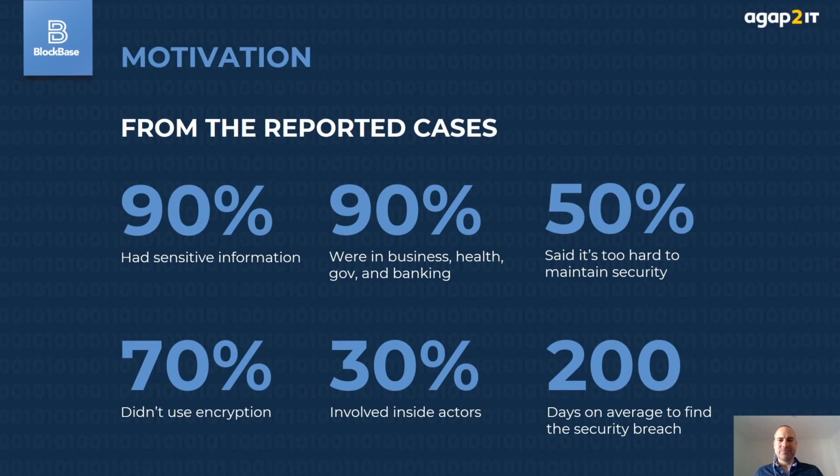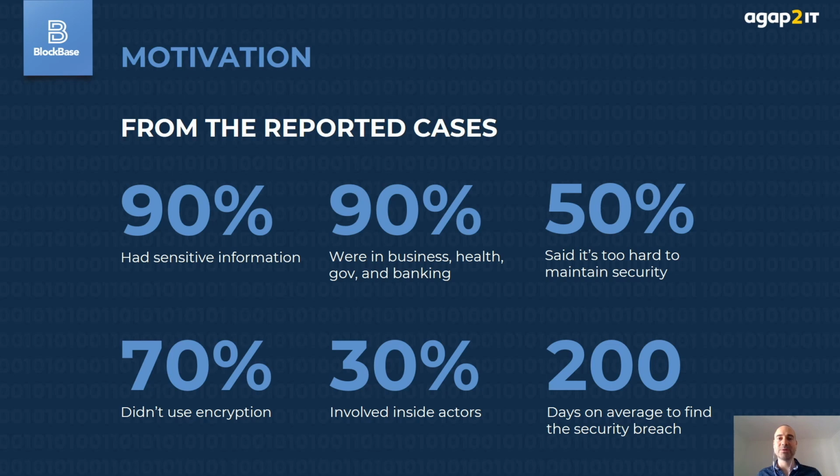To give more detail about these attacks: 90% of the information that was stolen, changed and so forth was sensitive information. 90% was in business, health, government and banking. In 50% of the cases, the people that were storing the data, the tech guys, said it's too hard to do proper security.